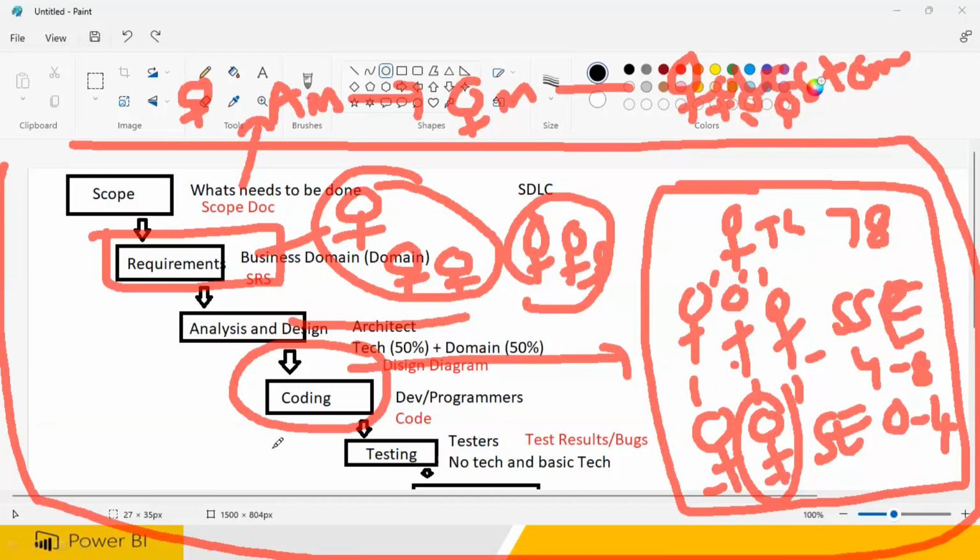So always your project will have a lot of phases, and a lot of phases will have a lot of teams, and all the teams are going to be monitored by the assistant manager. Assistant manager will talk to the manager. Manager is going to be updating this, and whenever you develop anything, if you get any kind of issues, you always talk to your superior, or you can talk to your team lead.